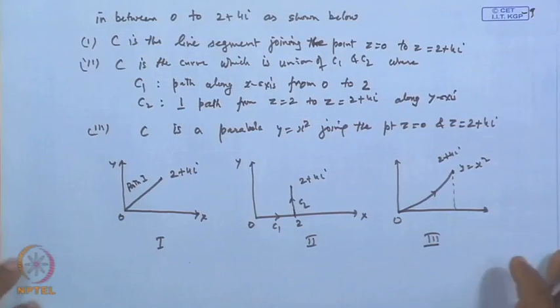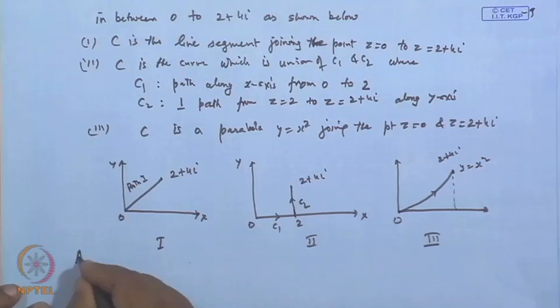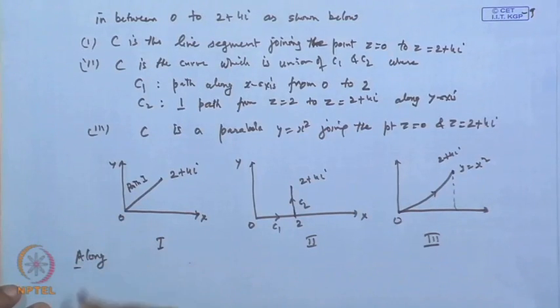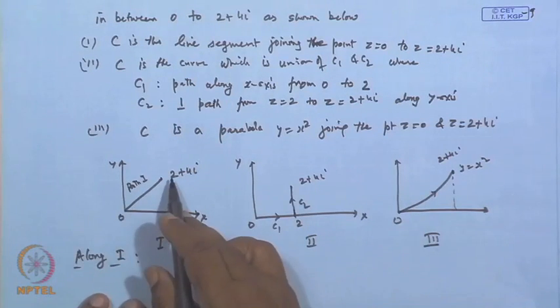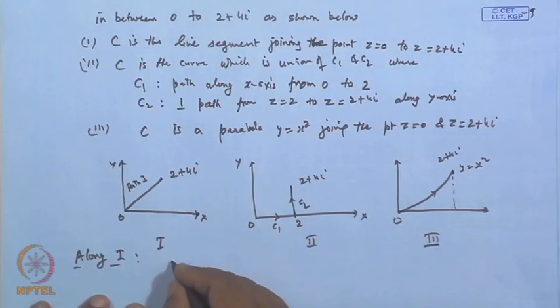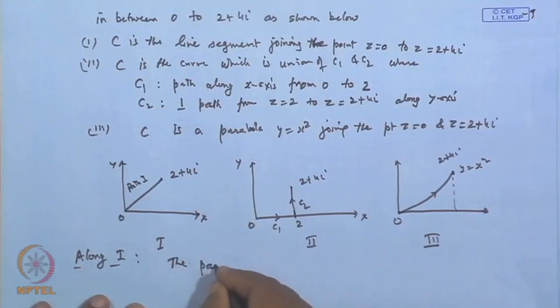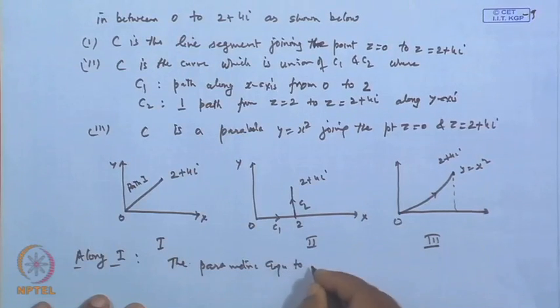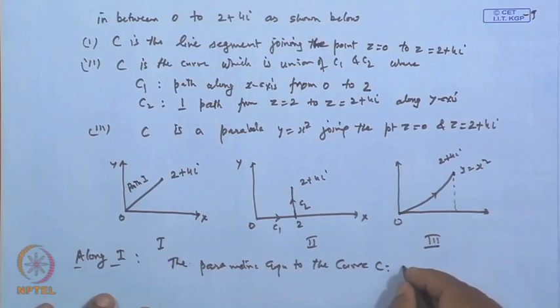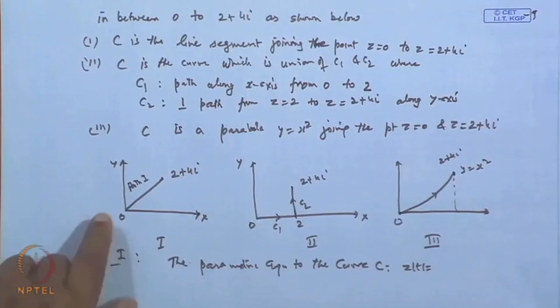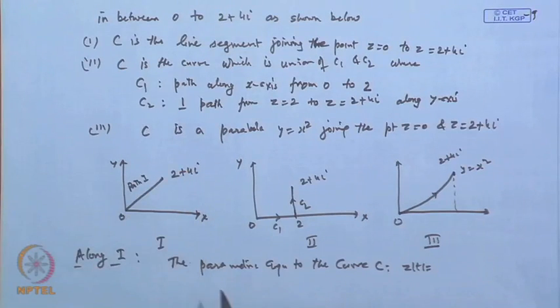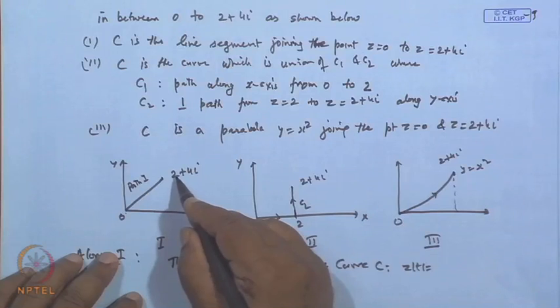So, first path. Along path 1, the line integral over C is given by this. So, what is the parametric equation of the curve? The parametric equation of the curve C is z(t) will be what? This is the point, is it not, joining 0, 0 and 2, 4, a straight line.